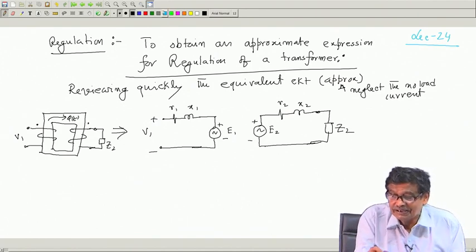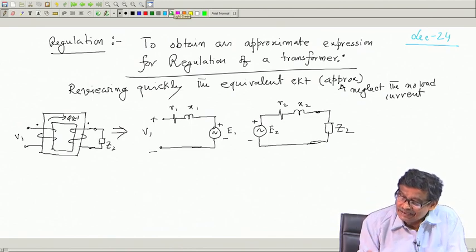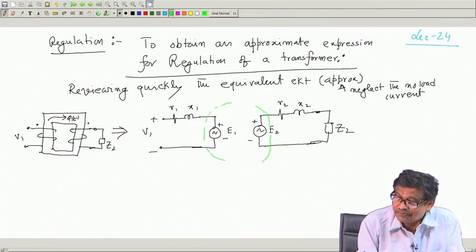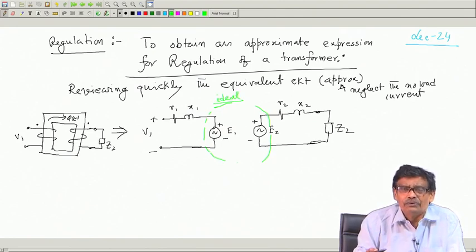Now, the interesting thing is this one, because this portion is ideal, you can view it in different ways. I will better tell you to adopt only one of them.